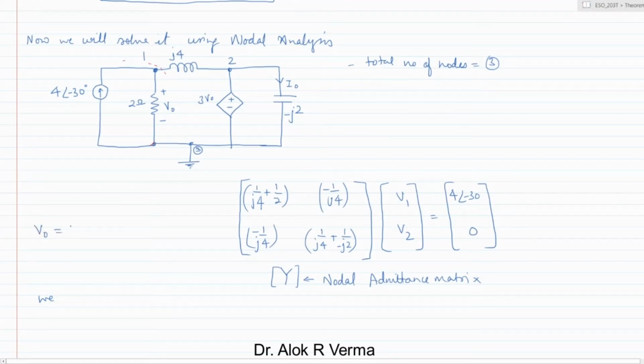So V0 is nothing but V1, and I0 is nothing but V2 by minus J2. V2 also is 3V0, so basically 3V1. So this you can solve. This is how we are going to do the nodal analysis.